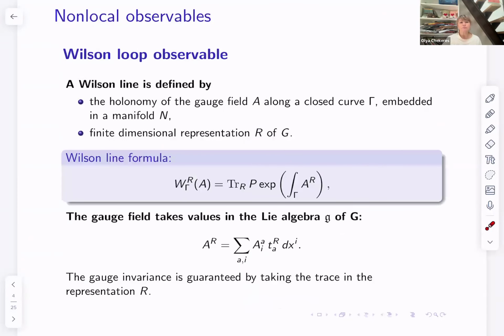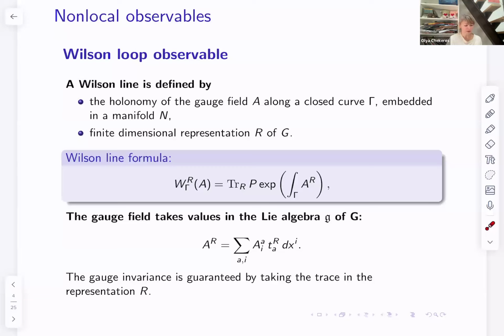And then we are interested in certain quantities which are gauge invariant under the gauge transformations. Just to mention, physicists, by abuse of notation, often call the group G, the structure group of the principal bundle, the gauge group.